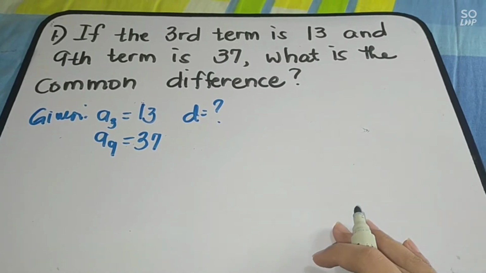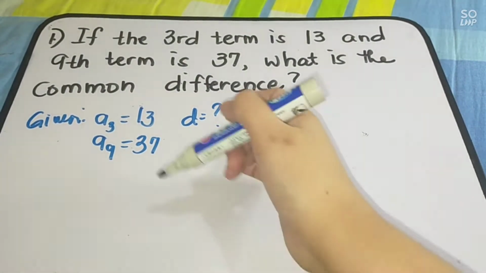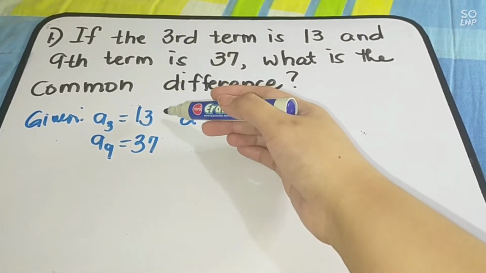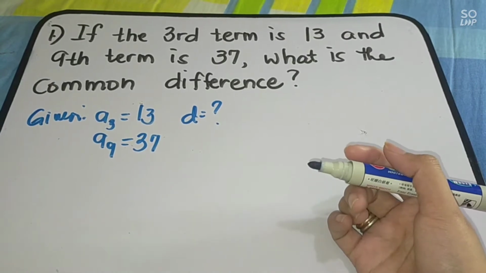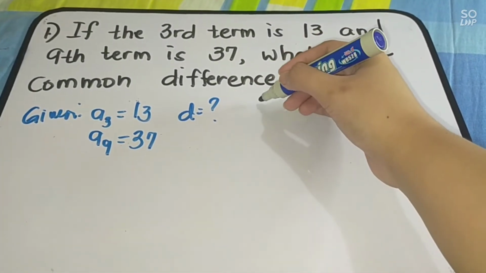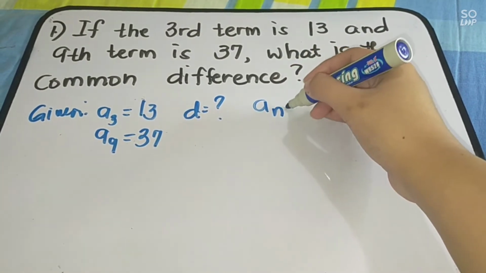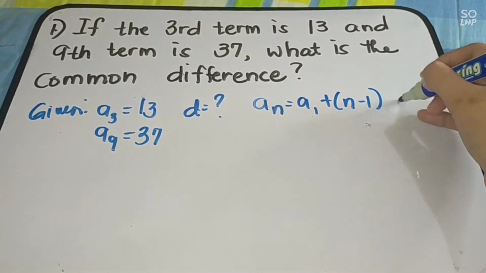So, that's the question. First, we are going to let a sub 3 be your first term, then a sub 9 as your last term. Ganun yung gagawin natin para makuha natin yung common difference. Ang formula pa rin natin is a sub n is equal to a sub 1 plus quantity n minus 1 times d.